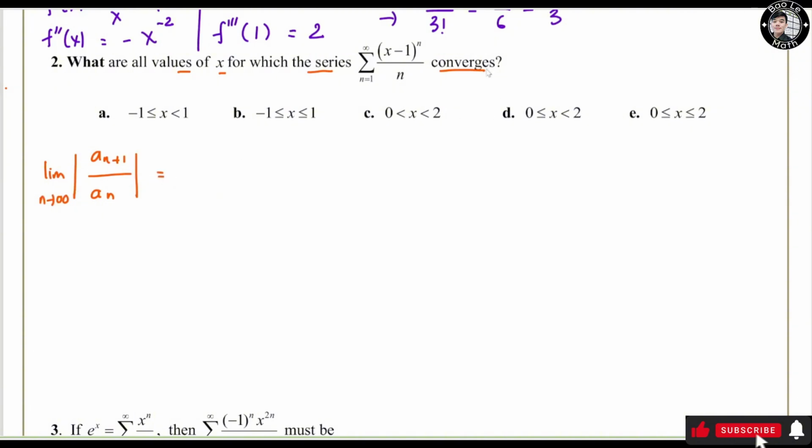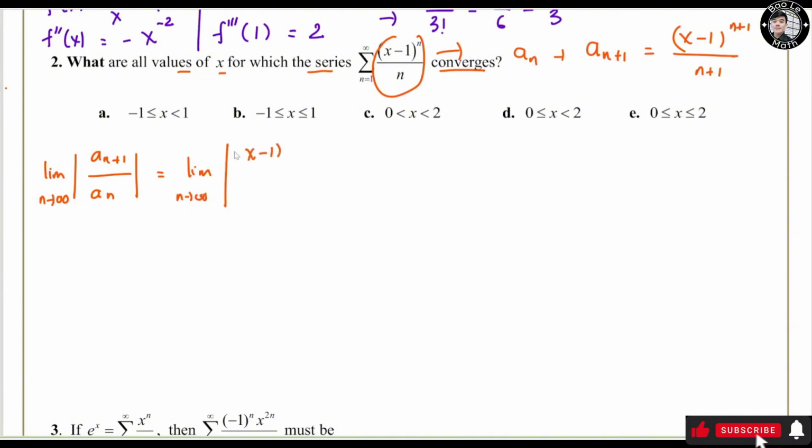Now this is a sub n, so a sub n plus 1 equals s minus 1 raised to the n plus 1 over n plus 1. So I have the limit as n approaches infinity of the absolute value of s minus 1 raised to the n plus 1 over n plus 1, times the reciprocal of this one, which is n over s minus 1 raised to the n.